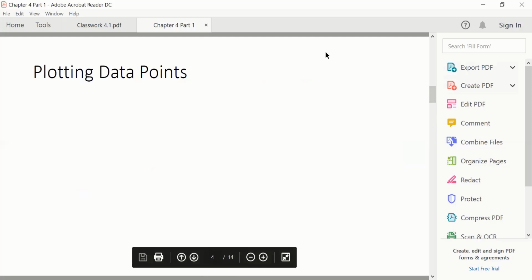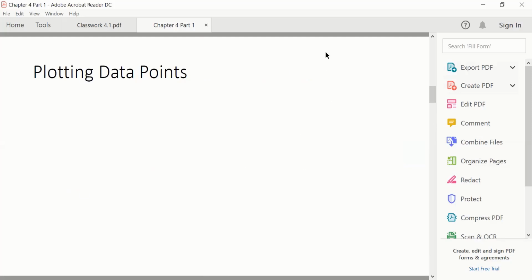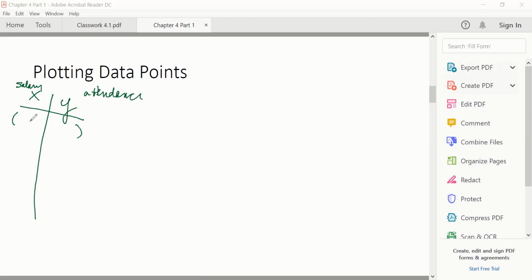When we're talking about plotting data points, we have 2 columns of data that go together. So we have the X and the Y, and the X in this case is going to be the salary, and the Y is attendance. And each of these data points correspond. We're doing X and Y from a particular team, like the Red Sox, and then we'll do X and Y from another particular team.